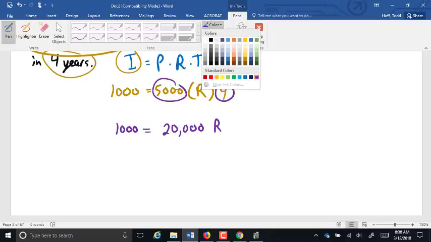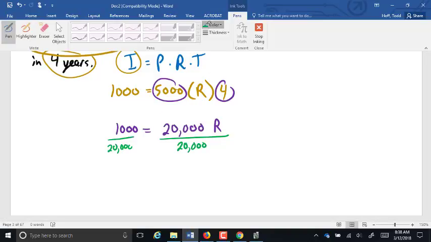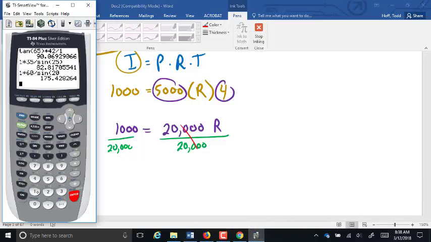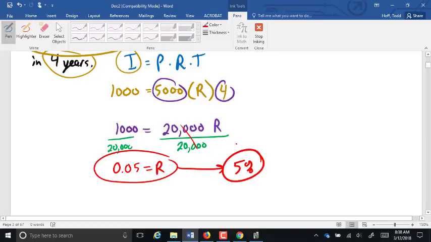So we've got 1,000 equals 20,000 times R. And we will divide to solve for R. Divide by 20,000 to get rid of it. So 1,000 divided by 20,000 gives us 0.05 for R. Now remember, that's a rate. 0.05 stands for 5%.